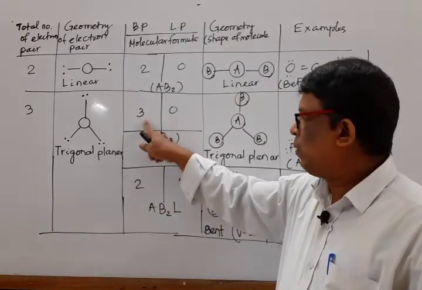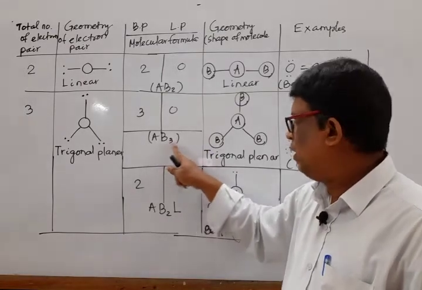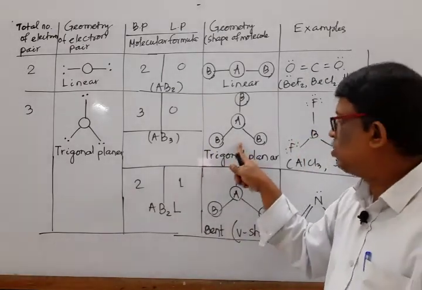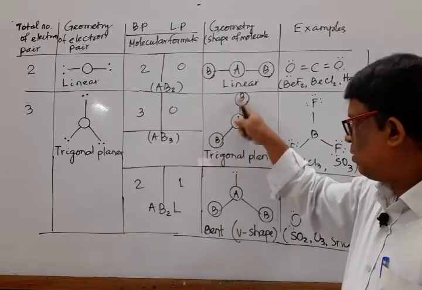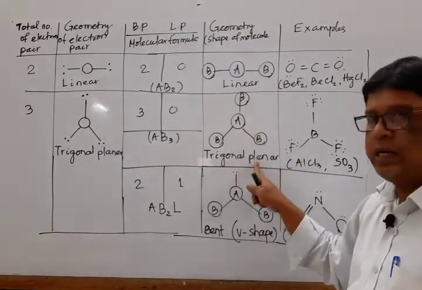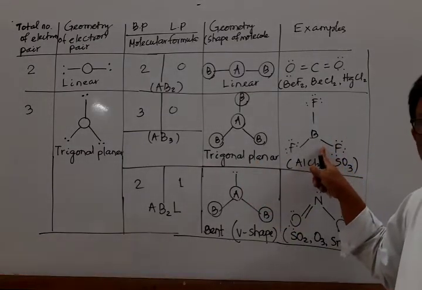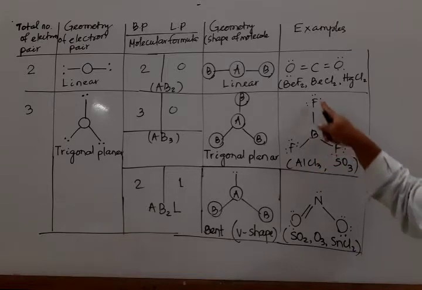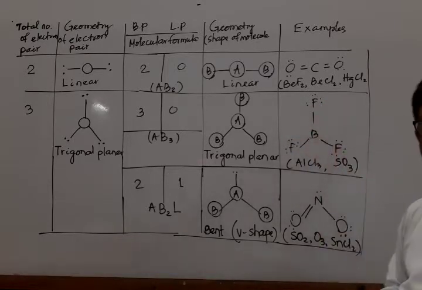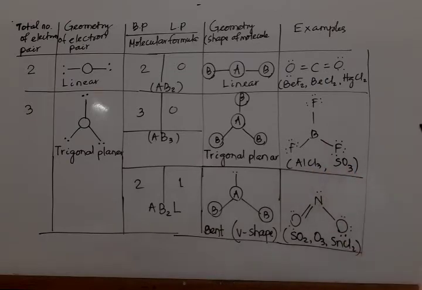If 3 are bond pairs and lone pair 0, the molecular formula is AB3. A is the central atom surrounded by 3 B, each one possessing one bond pair. Then the geometry is triangular planar. One example is BF3, boron trifluoride. Only bond pair electrons are there. Other examples are aluminum chloride, sulfur trioxide.